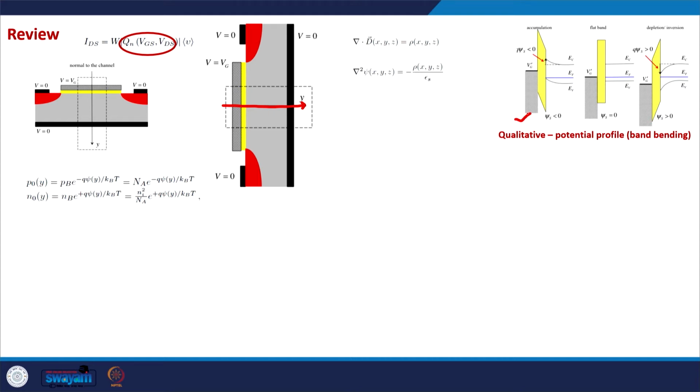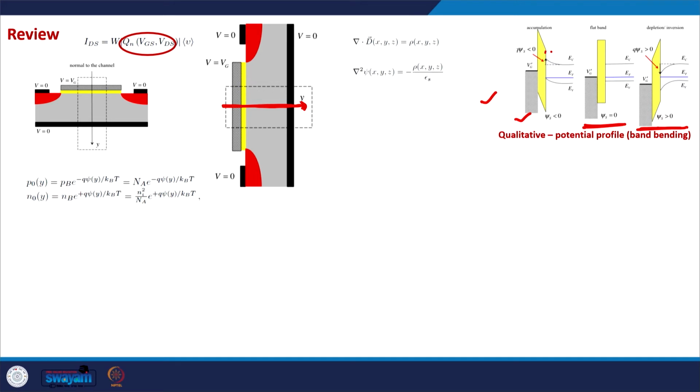This is the accumulation regime, when a negative gate voltage is applied on an N MOSFET, which means that this negative gate voltage will attract a lot of holes at the interface of oxide and semiconductor, and it will lead to the accumulation of holes. This is the flat band situation, and this is the depletion or inversion region when a positive gate voltage is applied. So this band diagram picture in y direction when the MOSFET is tilted gives a very good intuitive understanding of the electrostatics of the MOSFET and MOS capacitor.